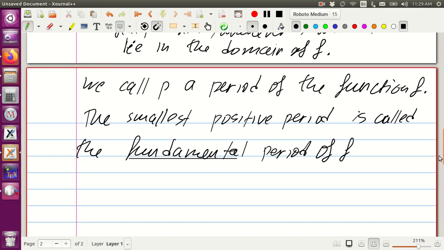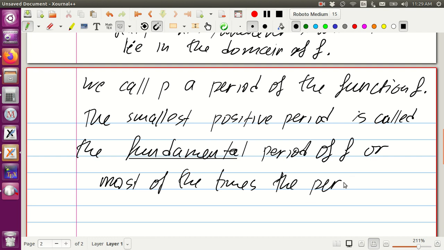But most of the times people just call the fundamental period just the period of f. So when people say period, they actually mean fundamental period usually.